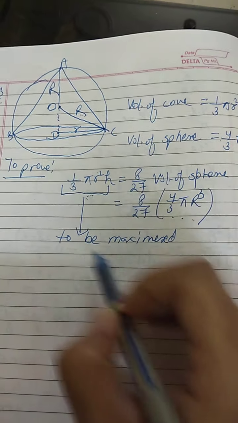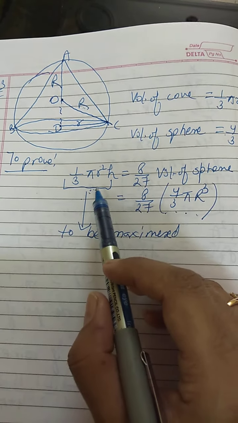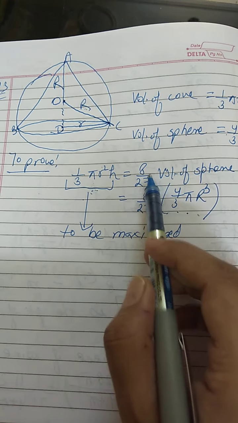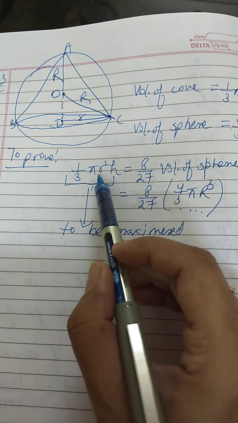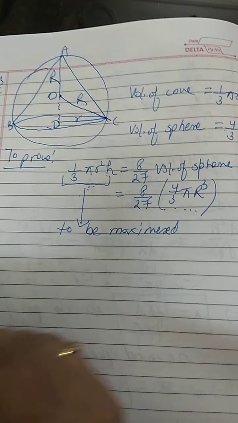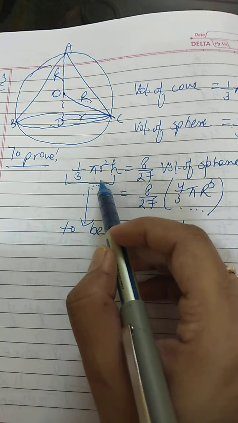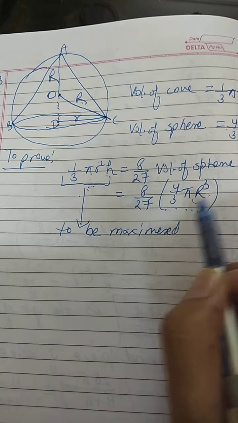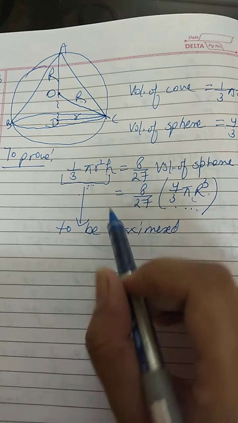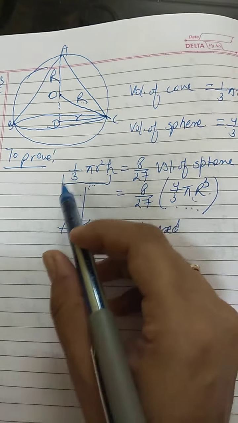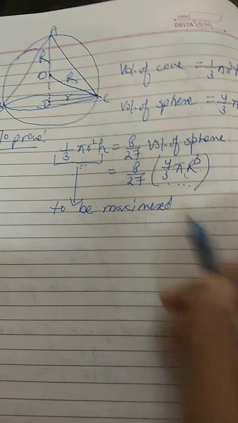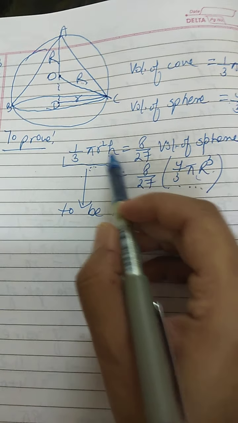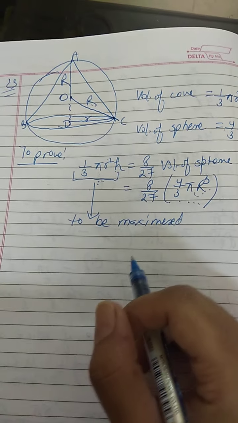I hope the statement is clear, that we have to show that the volume of cone is 8 by 27 times the volume of the sphere. So the dimensions of the cone, small r and small h, these two dimensions should get converted into capital R. Otherwise pi is constant, 8, 27, 4, 1 by 3, all these are constants only. They will come somehow. But these two variables we have to write in terms of capital R.